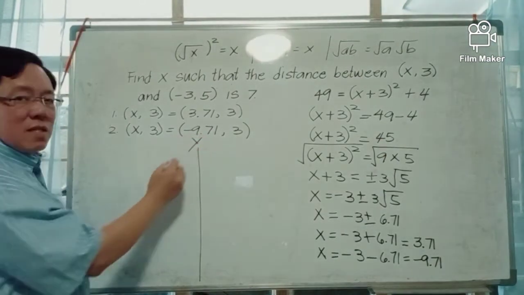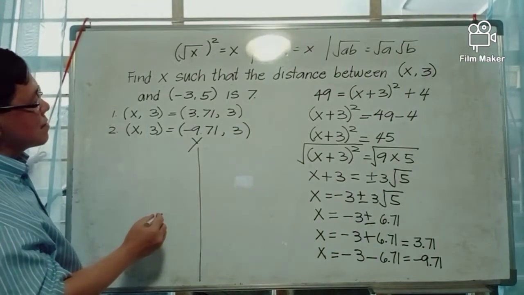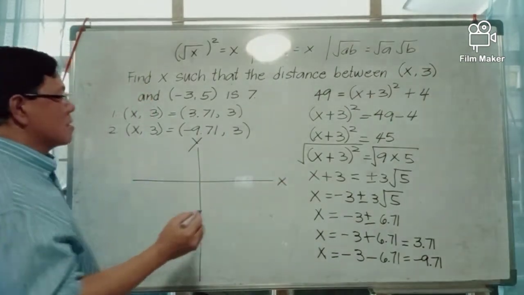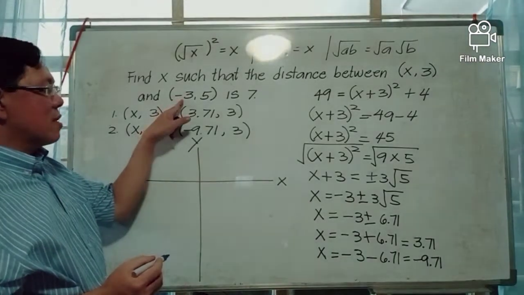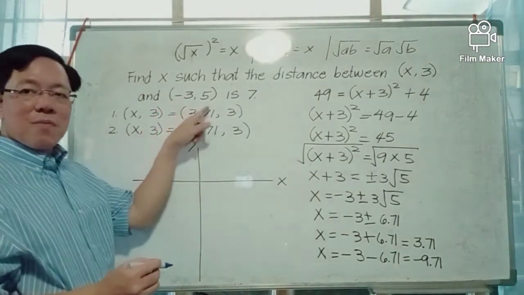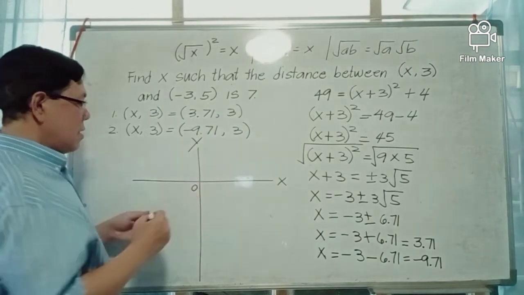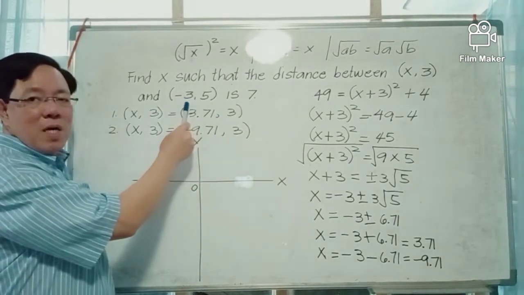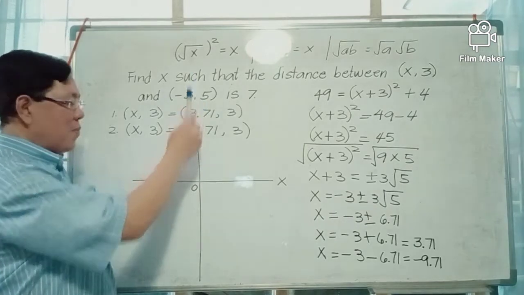In the vertical axis, we write y. In the horizontal axis, we write x. The given point has coordinates (-3, 5). That means you count 3 units to the left, and from there you count 5 units upward.